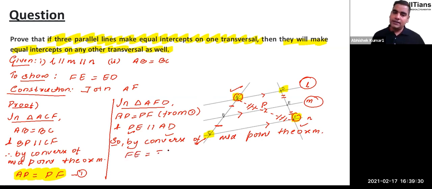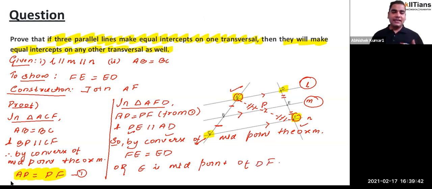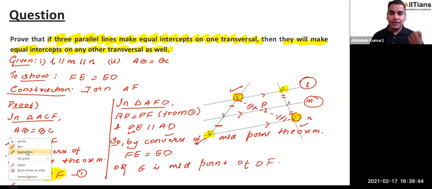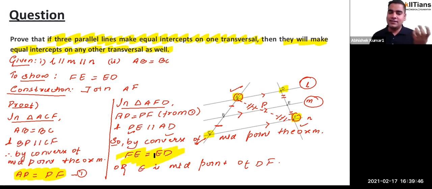Or you can say E is the midpoint of DF. And that is exactly what we were supposed to show in this problem, and that's exactly what the midpoint theorem for the transversal says.